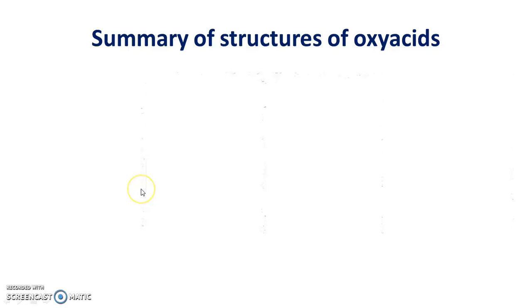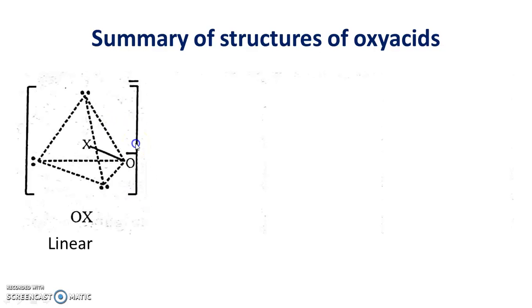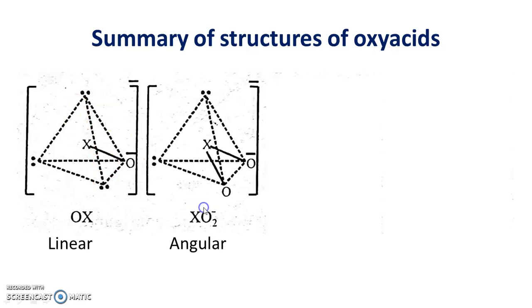Now the summary of this point is, summary of structures of oxyacids. The hypohalite or hypochlorite ion has a linear structure. Then chlorite ion has an angular structure.